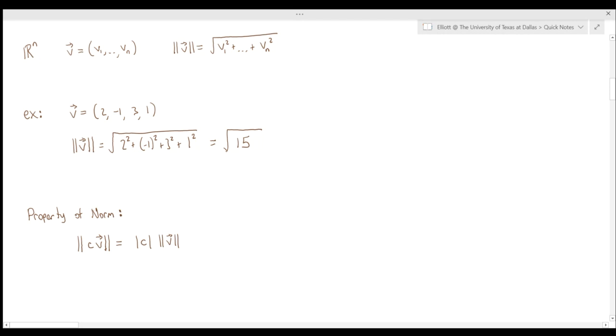All right, so this property should be very familiar to you guys. When I scale a vector v by some scalar, the length is going to be the length of v, also scaled by a factor of c. If c is negative, you know that it reverses direction, but the length still gets scaled by the absolute value of c. So that's what this property is saying.